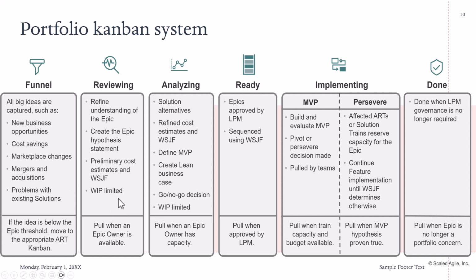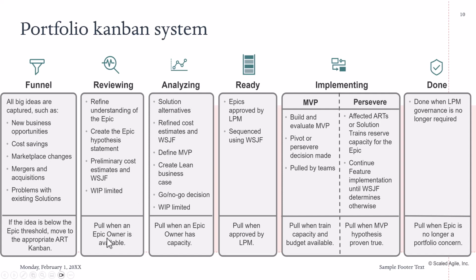And then work in progress is limited. Here you have to make sure that you do a lot of homework so that you can understand that epic. So the epic is pulled to the next level when an epic owner is available.